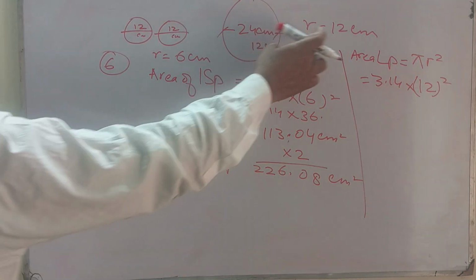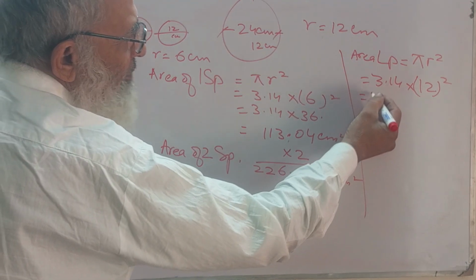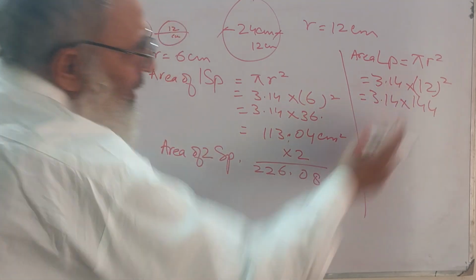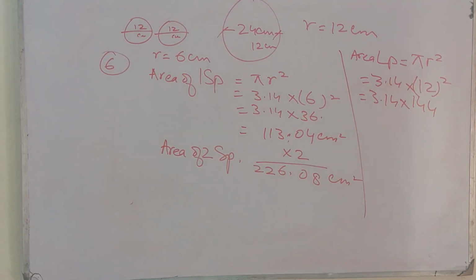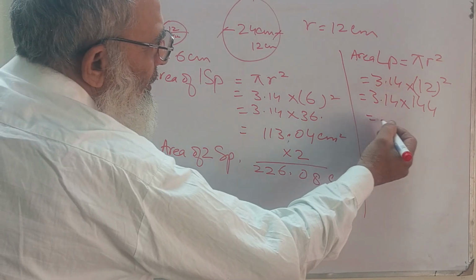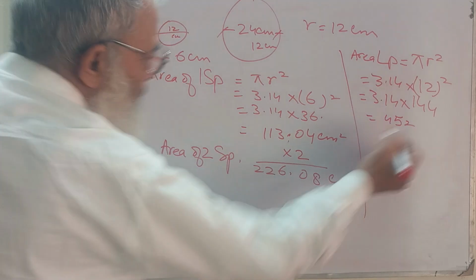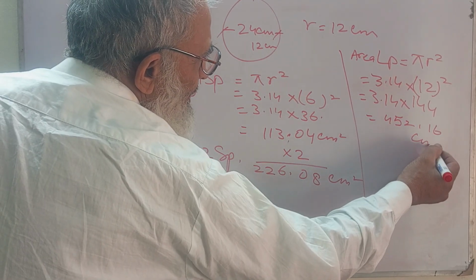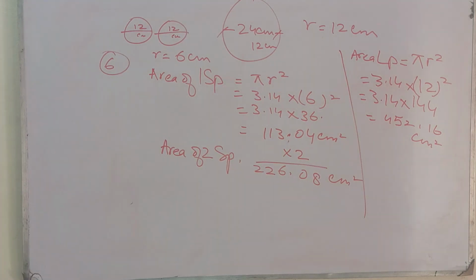Because the radius is 12, it will become 3.14 multiplied by 144. The square of 12 is 144. Multiplied by 144, it will give you 452.16 centimeters square. Now you see how they cheat you.